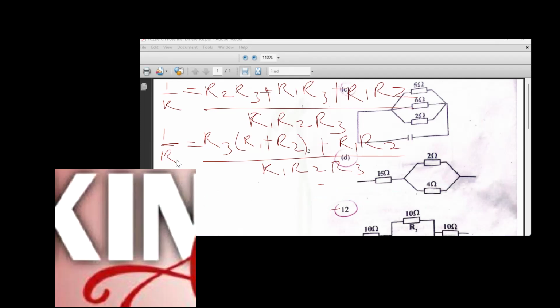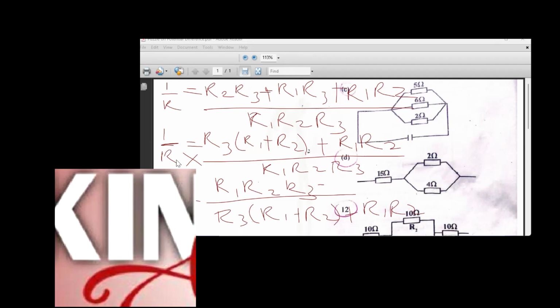And we can now solve our effective R. By cross multiplying, you have R1, R2, R3, all by R3 open brackets, R1 plus R2 plus R1, R2, right? Equal to your R.